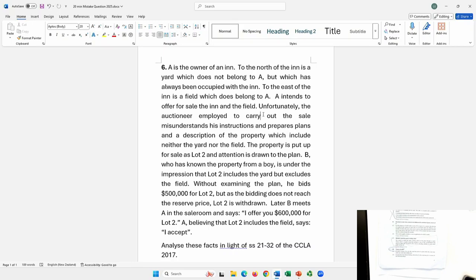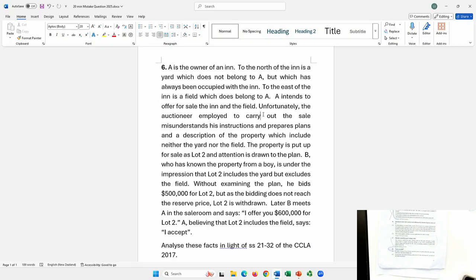So here party B is quite clearly at least partly responsible for the situation he finds himself in. He assumed he knew what lot 2 consisted of and he didn't check it. And if he had, he would have realised he was mistaken. So if party B is seeking relief, then the fact that he in large part caused this mistake is relevant.